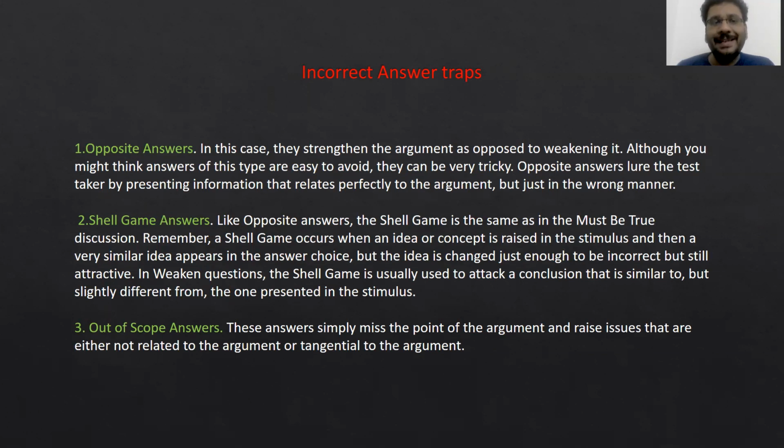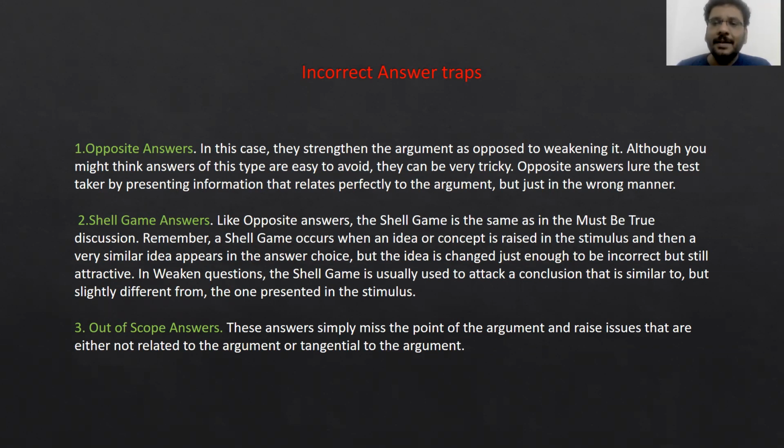Now, point number 2, shell game answers. This is quite important. What is a shell game answer option? Here you are going to encounter an answer option which looks very attractive, right?